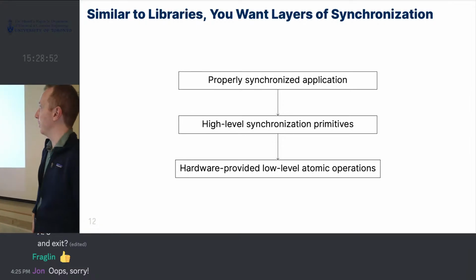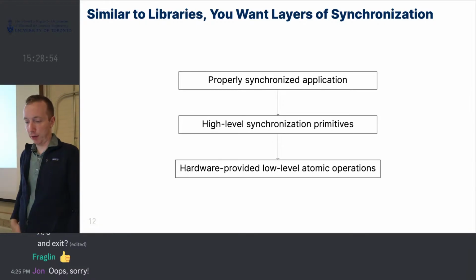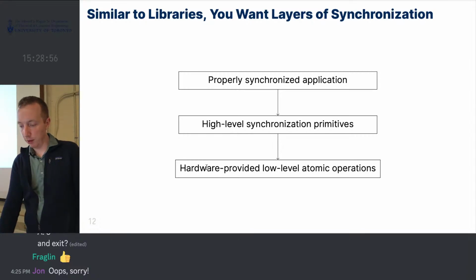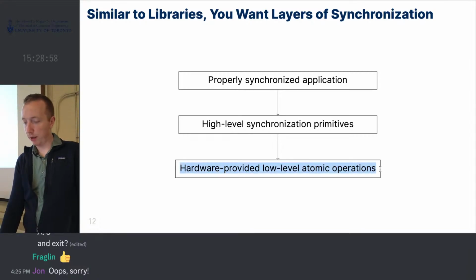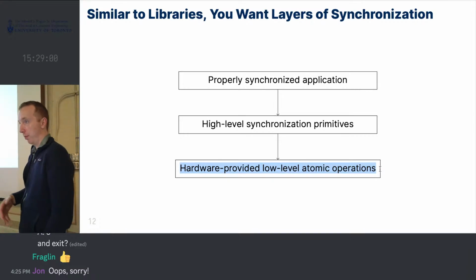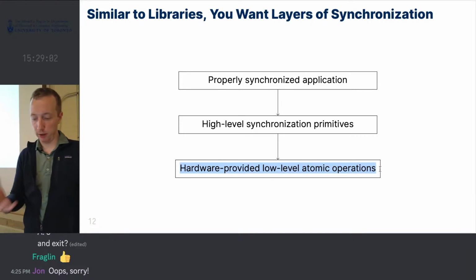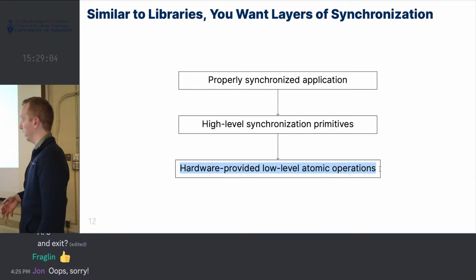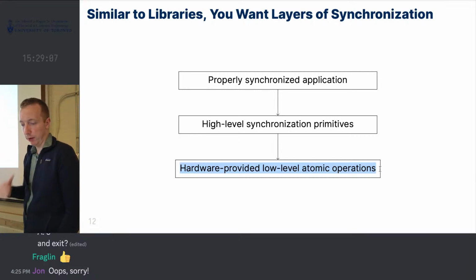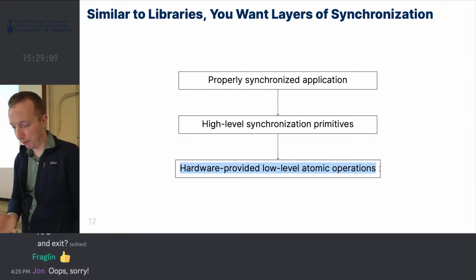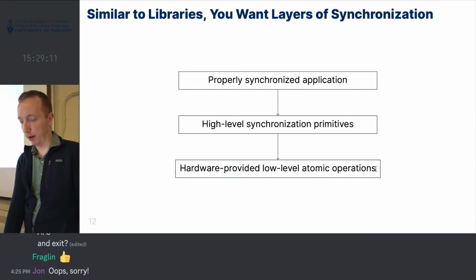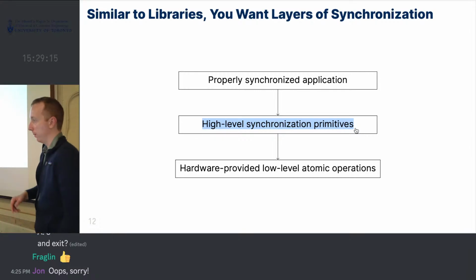Similar to libraries, you want layers of synchronization in your programs. The lowest level part is the atomic operations provided by your CPU that we'll get into in the next lecture. Those are the operations that are used to build high-level synchronization primitives. An example of one of those is the mutex we saw.